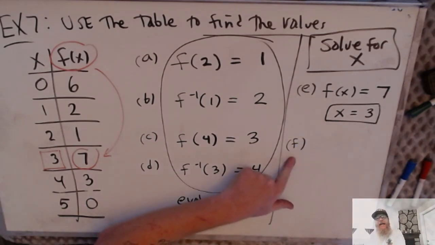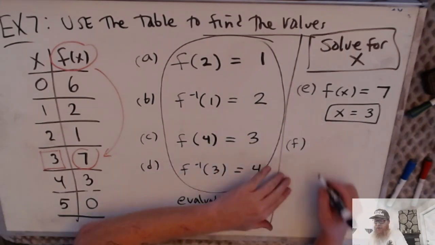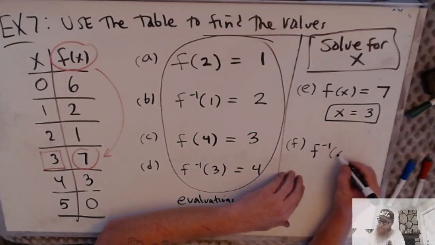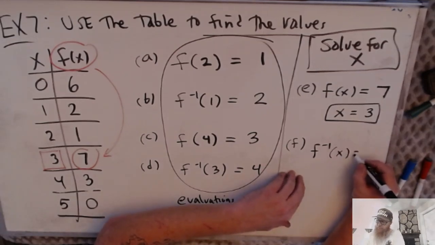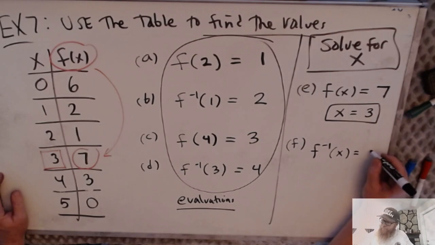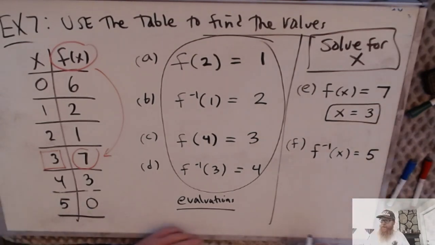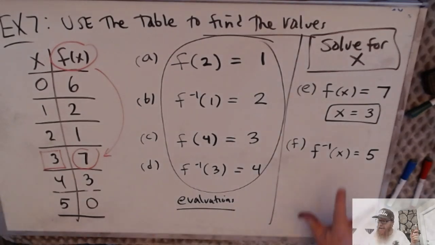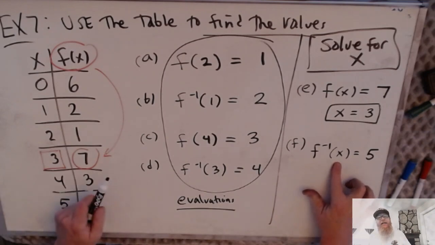And in my last example, I'm going to do the same thing using the inverse function. So f inverse of x is equal to 5. Now this is weird because I'm going to answer it using the letter x.